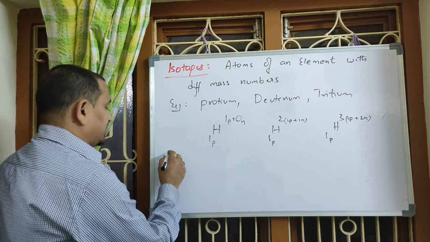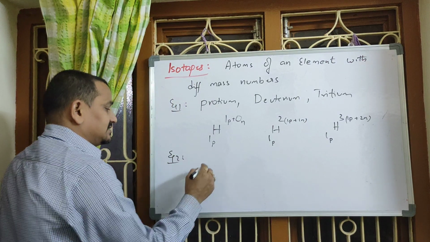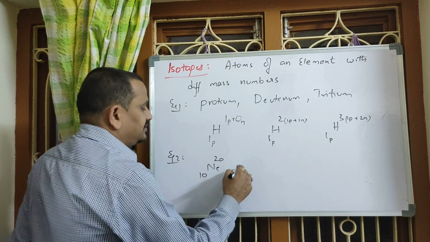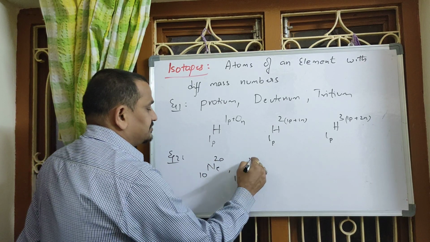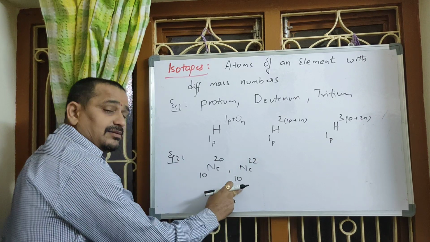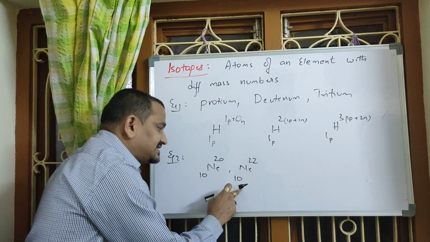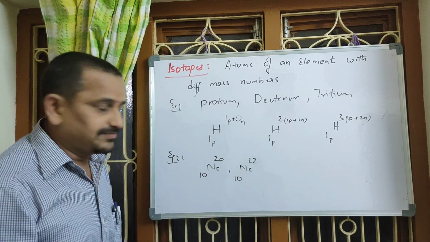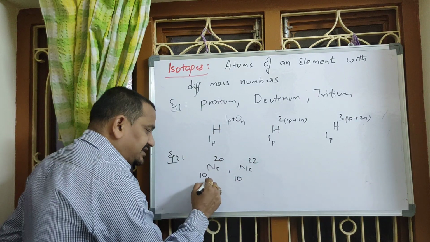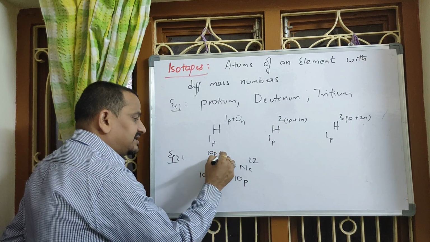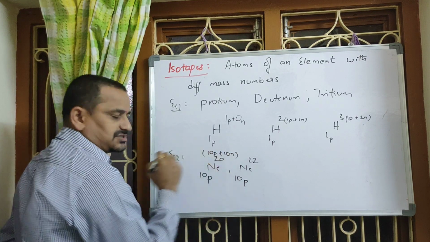The same way, another example is neon 20 and neon 22, with atomic number 10. These are atoms of the same element, that's why the atomic number is the same, but their mass numbers are different. In the 20, 10 are protons and the rest 10 are neutrons.